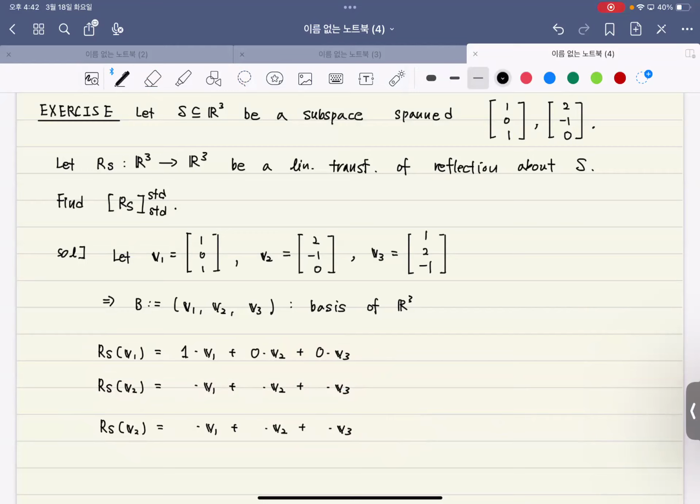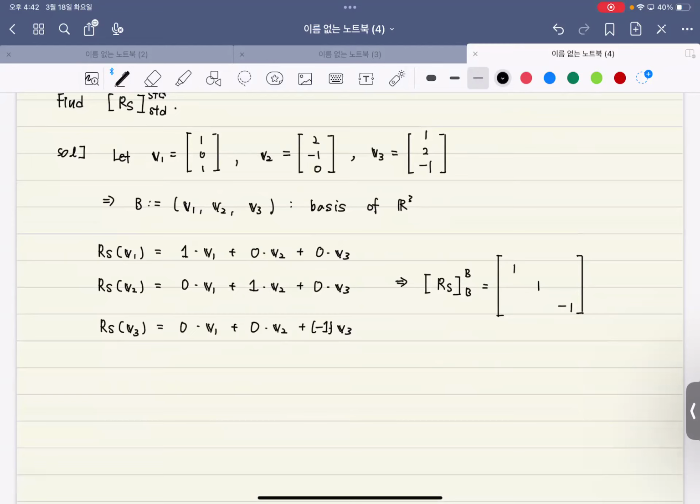For V2 it is (0, 1, 0), and for V3 it is (0, 0, -1). So representing this linear transformation in terms of this basis is the diagonal matrix with 1, 1, and -1. Right?